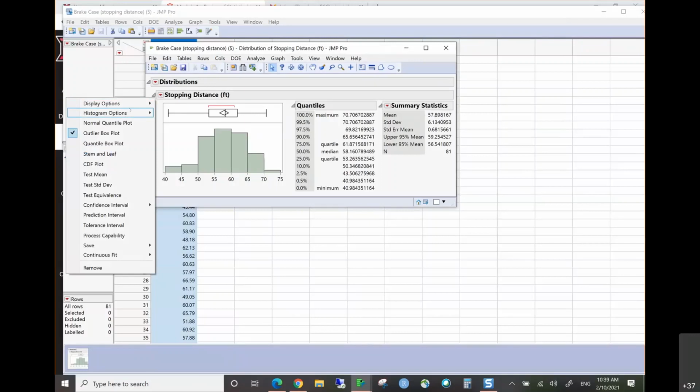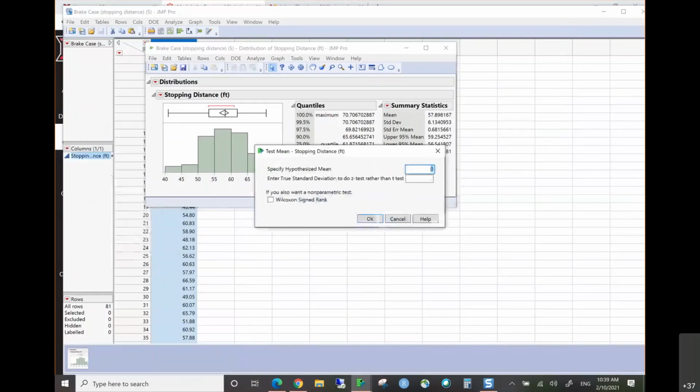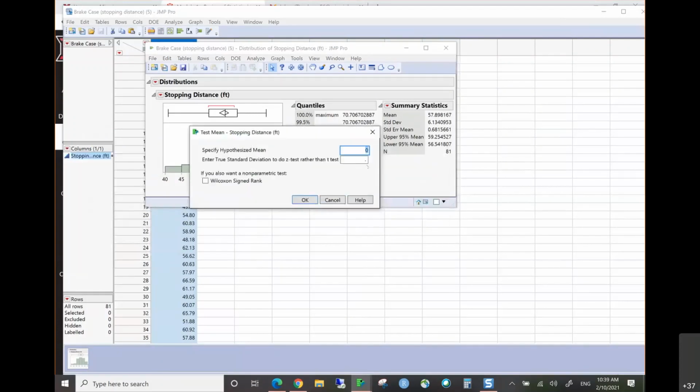Then in these options, there is one called Test Mean. Got it? Click this. You will have two blanks that you need to enter. The first one, specify the hypothesized mean. That will be our claimed value we want to test. We want to test whether it is less than 60. Then we just enter 60.